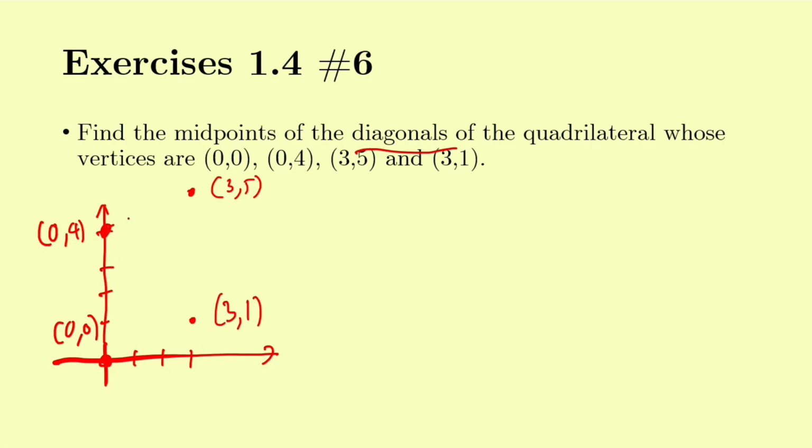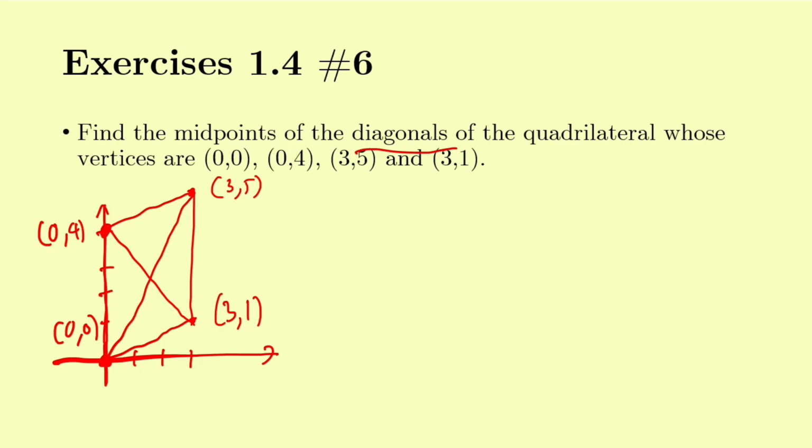Then let's connect those 4 vertices to form our quadrilateral. So it's like a parallelogram or a rhombus. But the point here is to determine which of these pairs are diagonals. So the pair of 0, 4 and 3, 1 is one diagonal, and the pair of 0, 0 and 3, 5 is another diagonal. So we're looking for the midpoints of the diagonals.